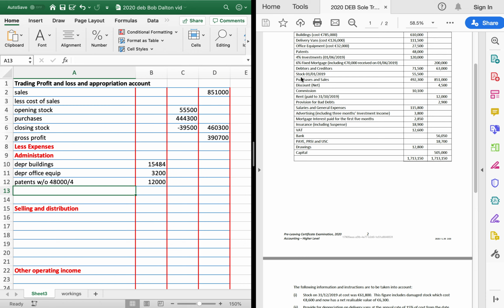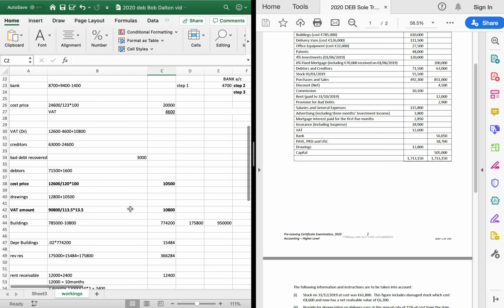Investments, stock purchases, discount net, other operating income, commission is selling, rent, other operating income, provision for bad debts. Next one is salaries. And that is, there was no change there, so 115,800. And then we should have insurance including suspense, so that's from our workings.